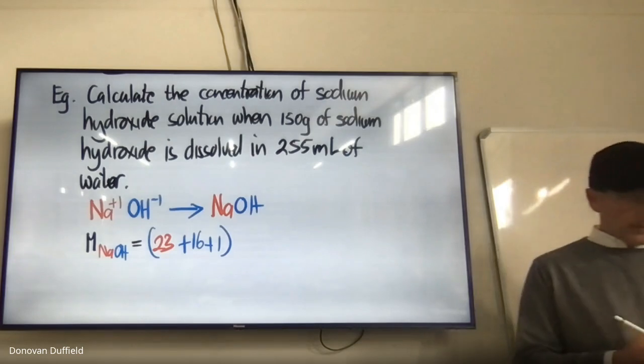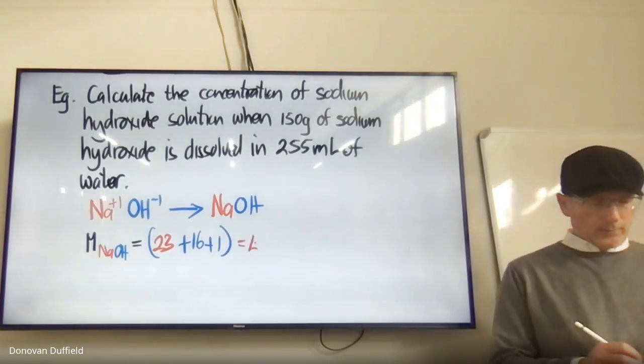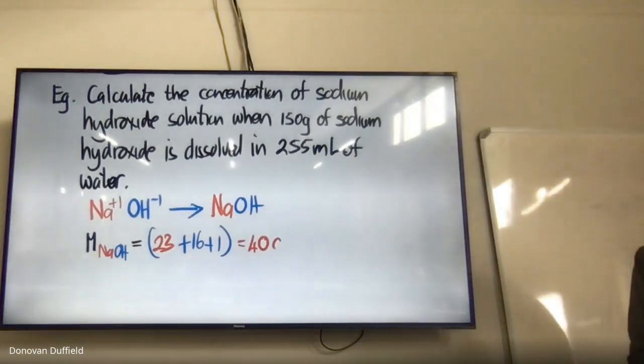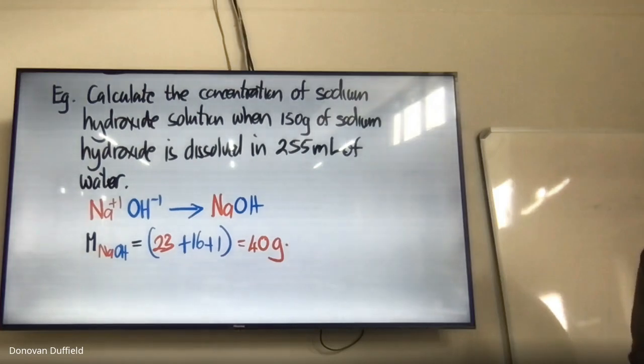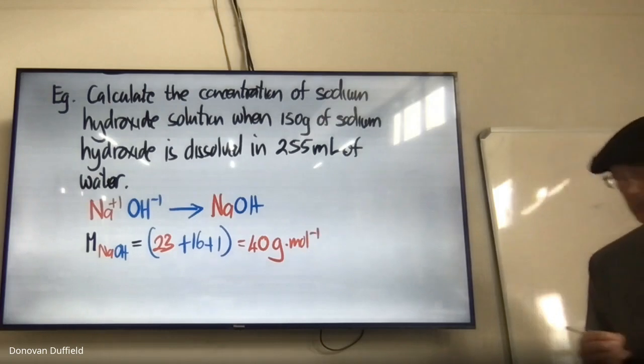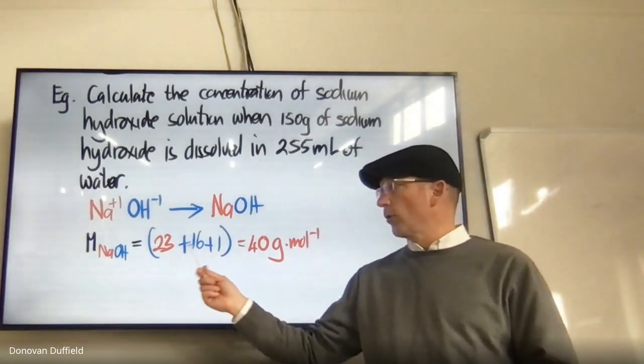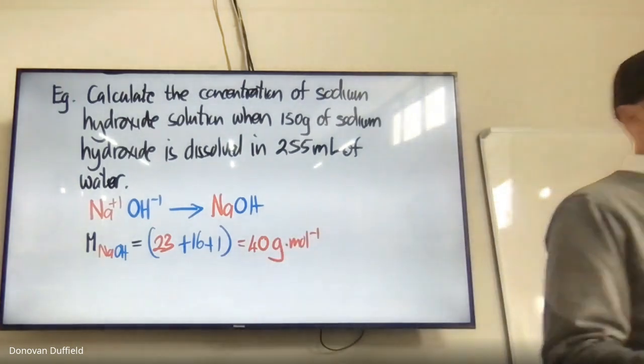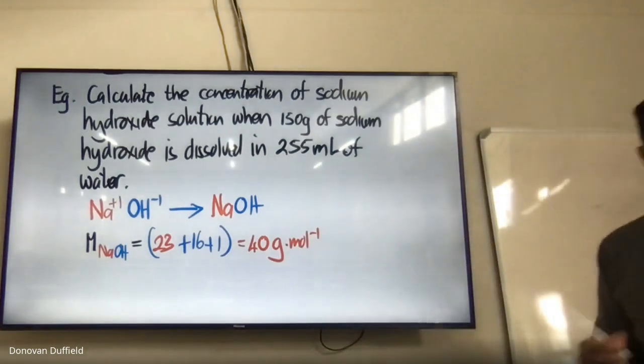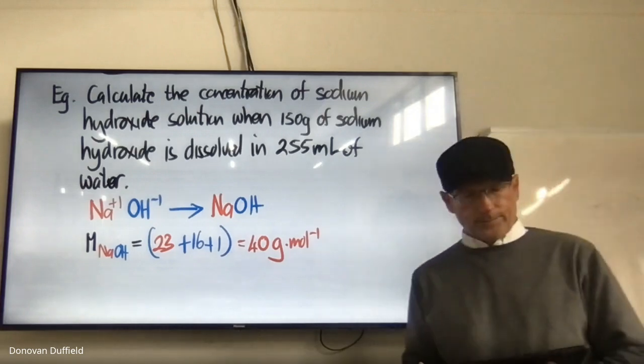So this is going to give us 40 grams per mole. This is a molar mass. 23 plus 1 is 24, plus 16 is 40. Okay. We okay with that?